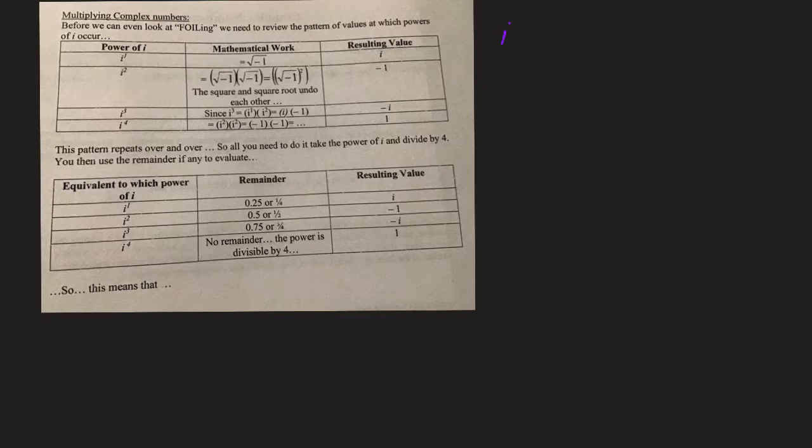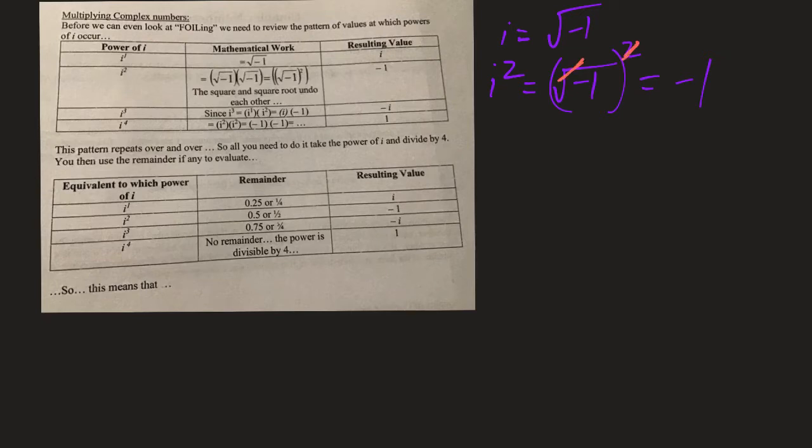Okay, so we know that i is the square root of -1. Well, that means that i squared is the square root of -1 squared, which is actually just -1, when the square root and this square cancel each other out.